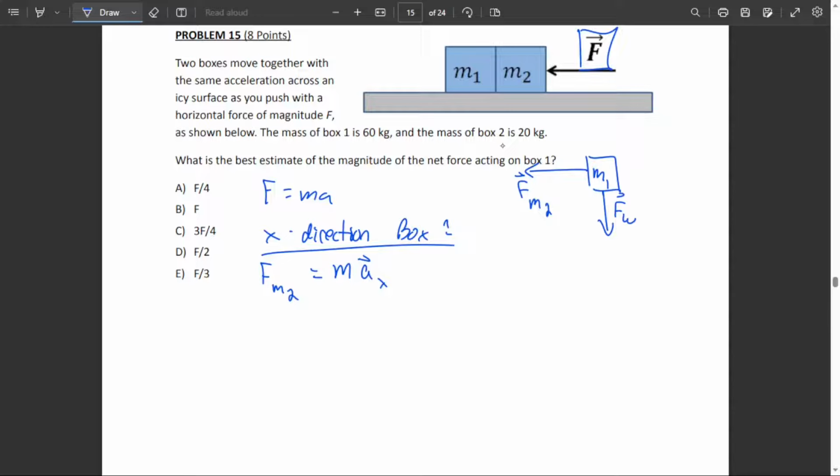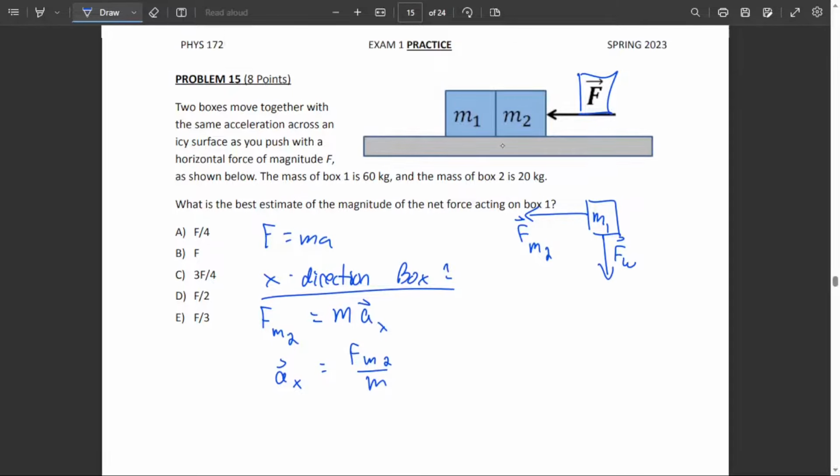So if we rearrange this, we get the acceleration of box 1 in the x direction is equal to force of M2 over M1. And so if we think about what this force of M2 really means, the amount that box 2 is pushing on box 1 is the amount of the net force that is acting on box 1.